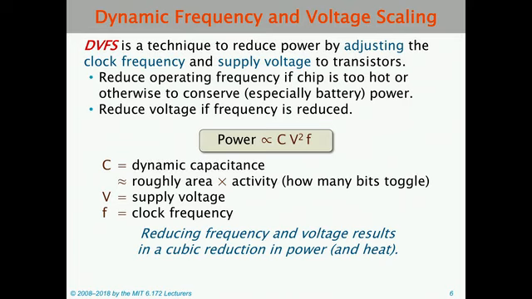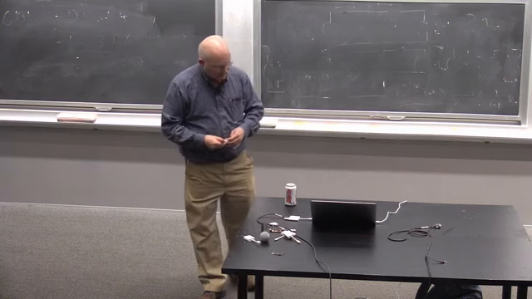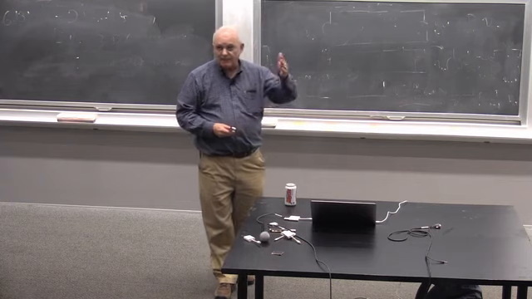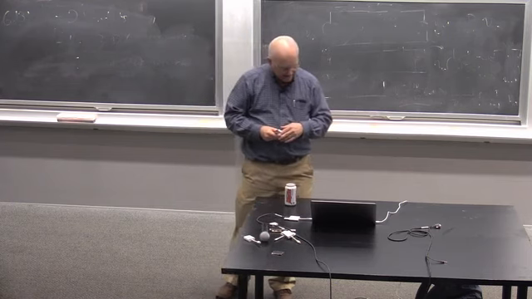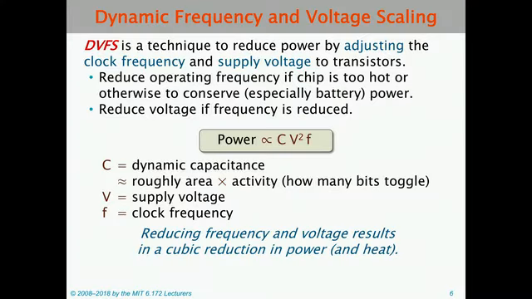So if bits don't move, they don't consume dynamic power. V is the supply voltage, and F is the clock frequency. So if you can reduce the frequency and voltage, you get a cubic reduction in power and also in heat.